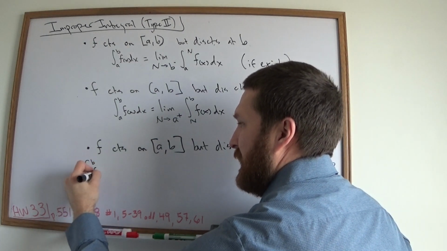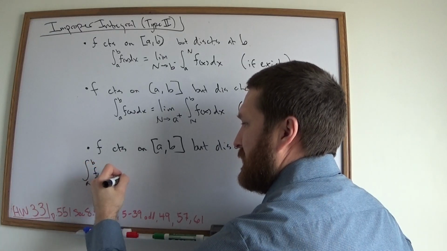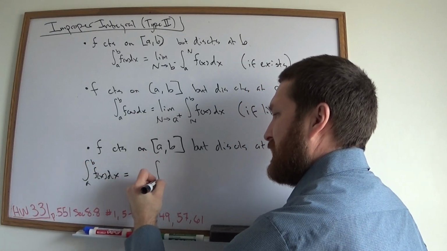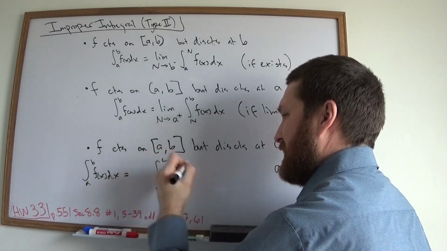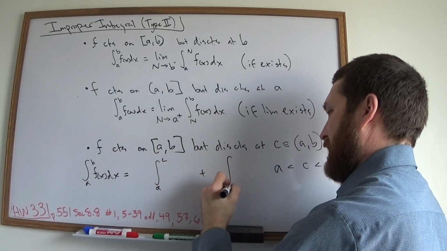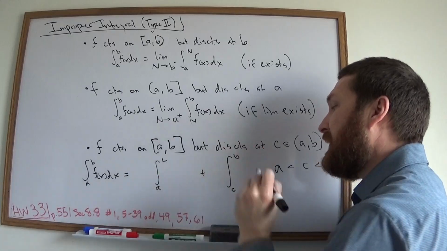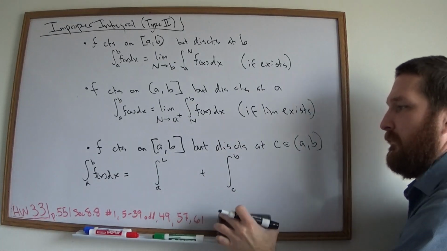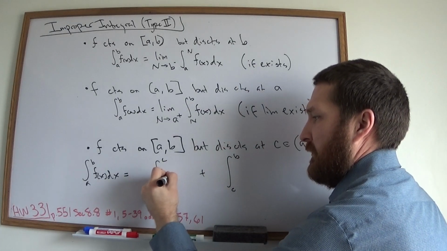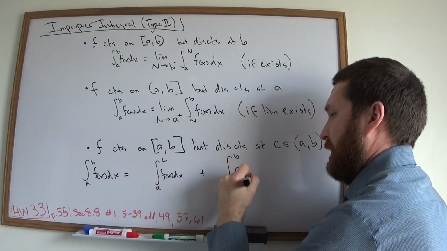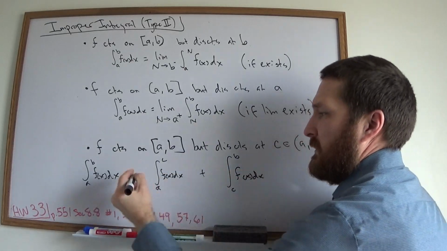Then the integral from a to b of f of x dx is equal to, we're going to split it up: a up to c of f, c up to b of f, and we're going to take the limit.